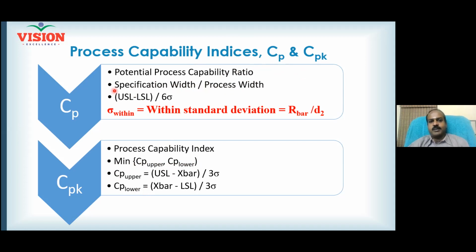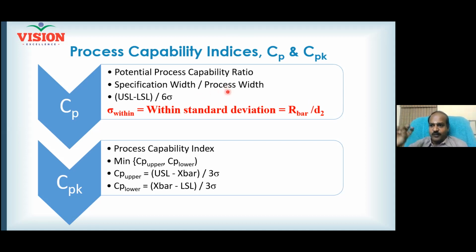According to the formula, CP is specification width divided by process width. What is specification width? USL minus LSL. Then what is process width? UCL minus LCL. What is UCL? Center value plus 3 sigma. What is LCL? Center value minus 3 sigma.